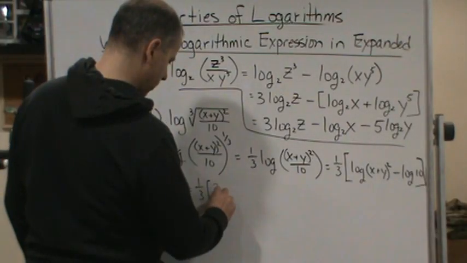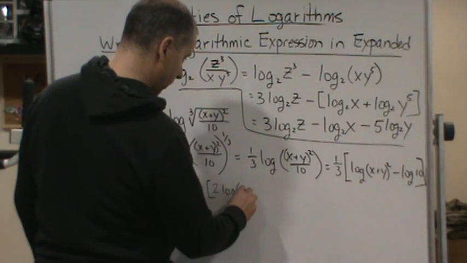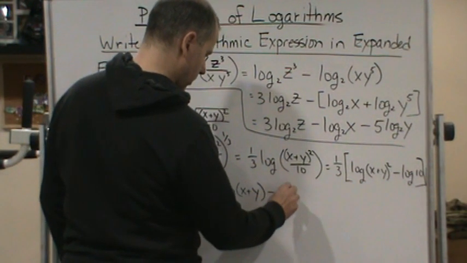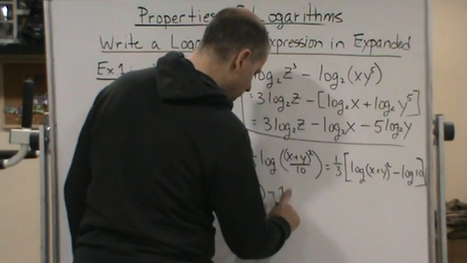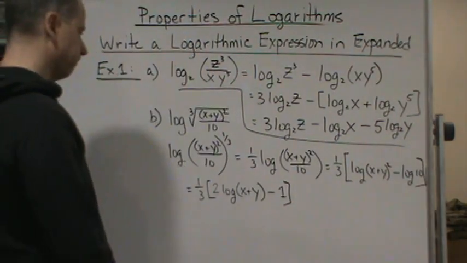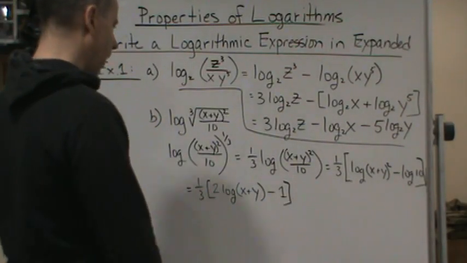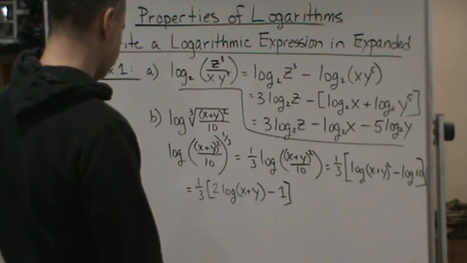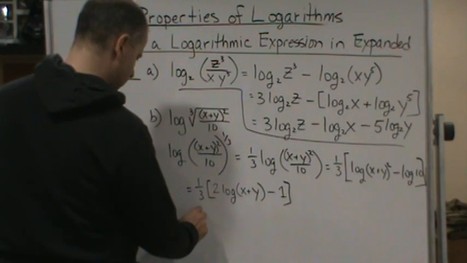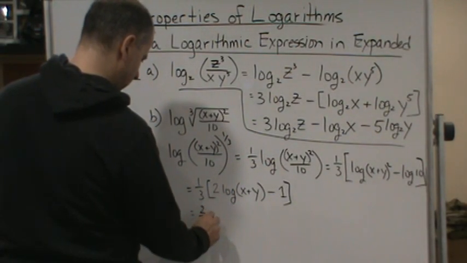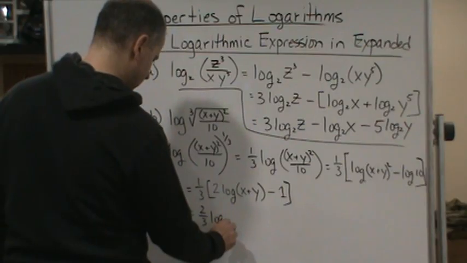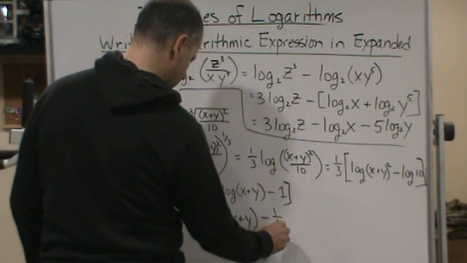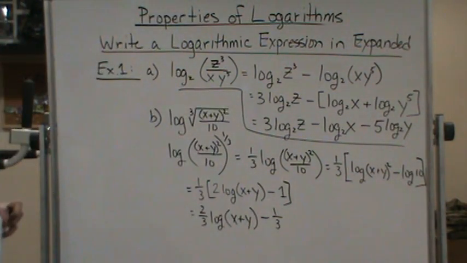So this is going to be 2 log of x plus y minus 1. And now at this point, I'm just going to distribute the 1/3, and so I get 2/3 log of x plus y minus 1/3. Now, this is the final answer.